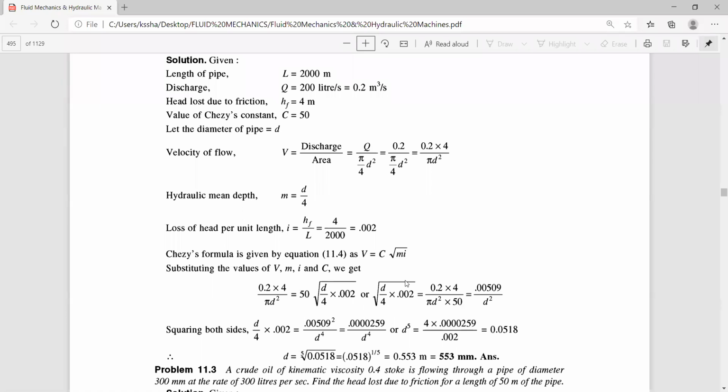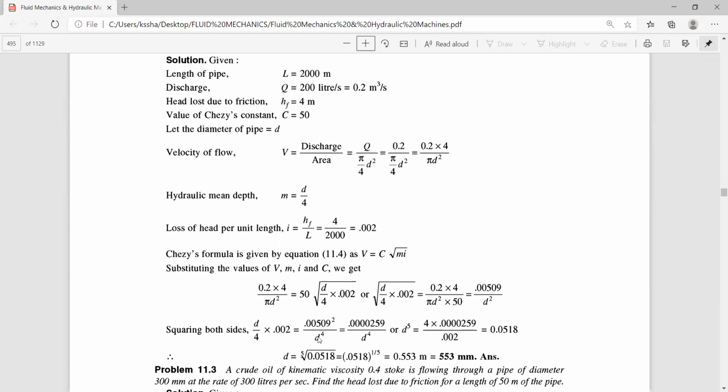Now this is an under root term. In order to cancel this, what we are doing is squaring both sides. So if you square on both sides, square and under root get cancelled. So d by 4 into 0.002 will be equal to 0.00509 square, and d square will become d raised to 4. Now square of this is this much.